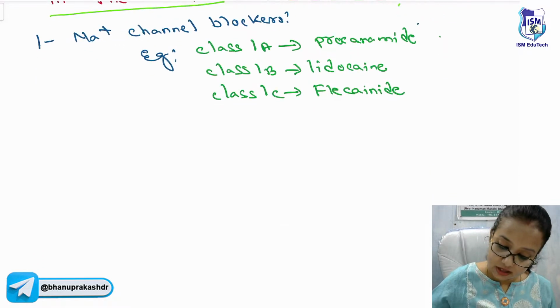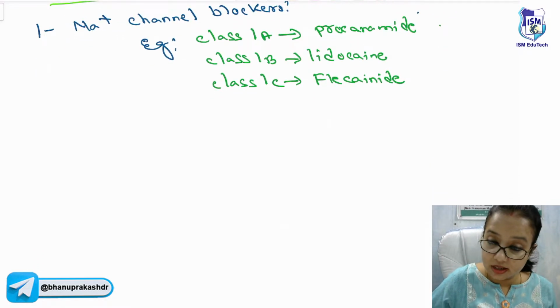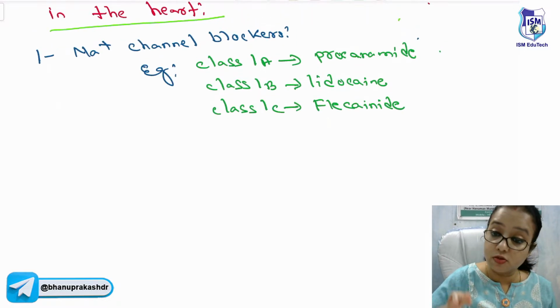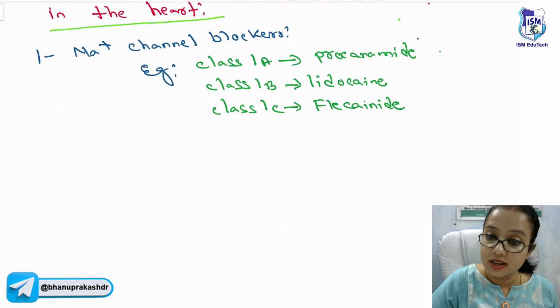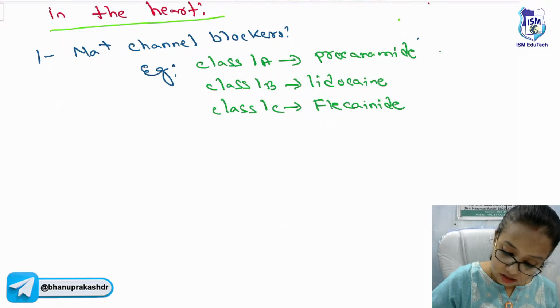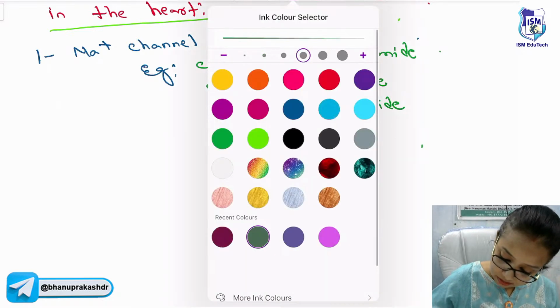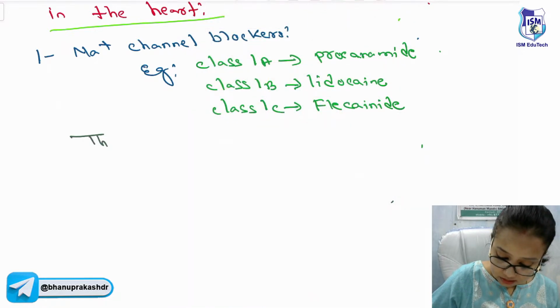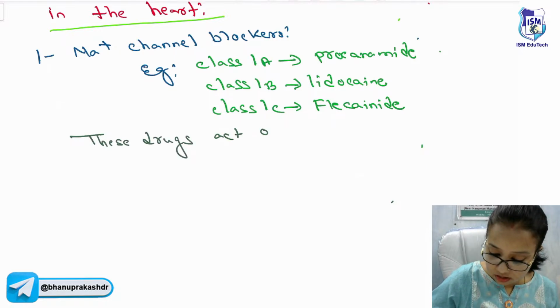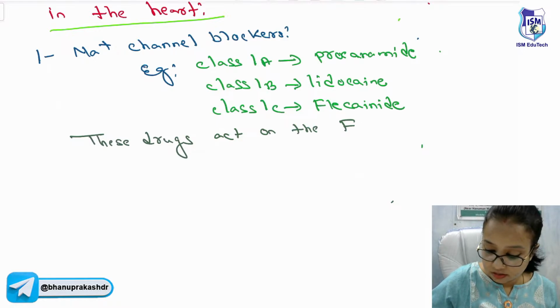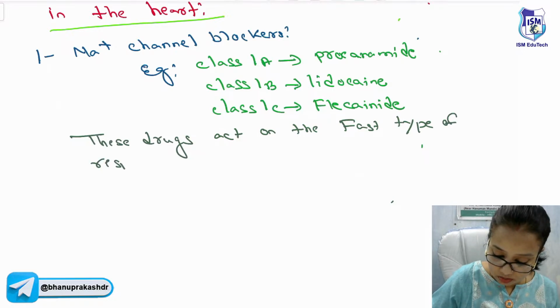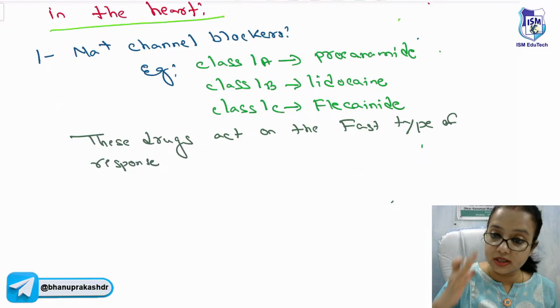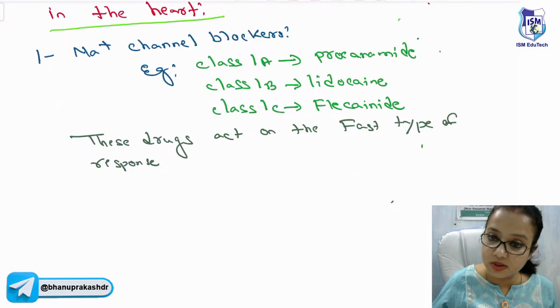These are the drugs that block the sodium channel, which is the voltage gated sodium channel, and these drugs act on the fast type of response, meaning they will modify the functions mainly in the ventricular muscles.